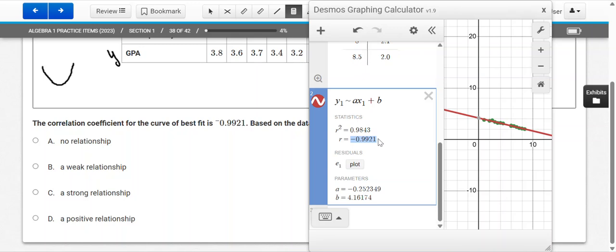So this basically tells me that it is a strong relationship. Now, is it positive? Is it weak? Is it no relationship? It just means that this is a strong relationship.